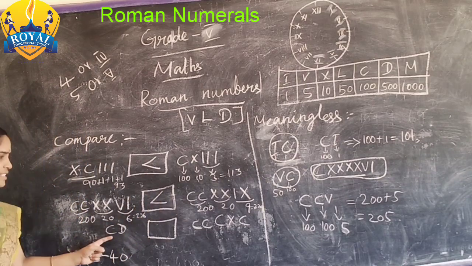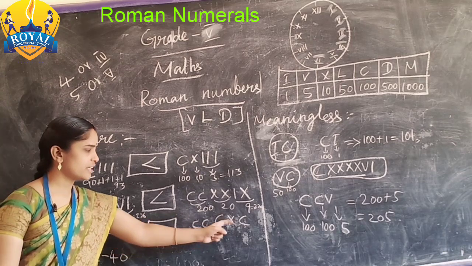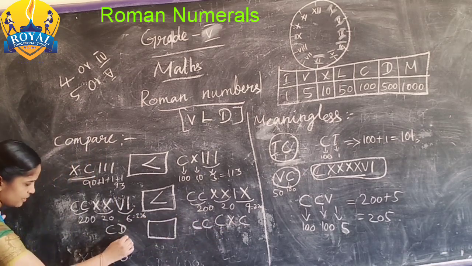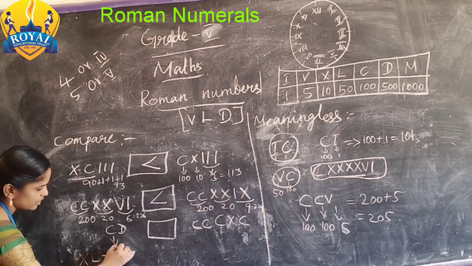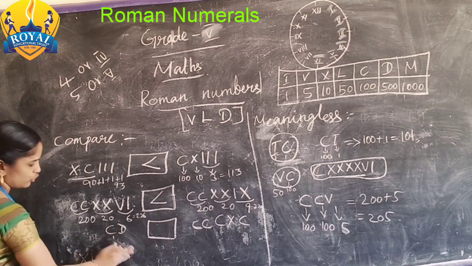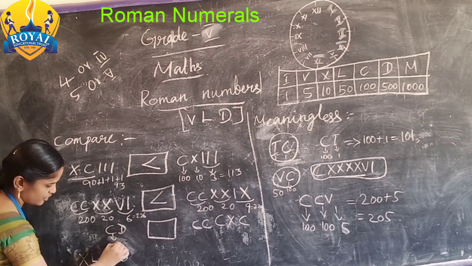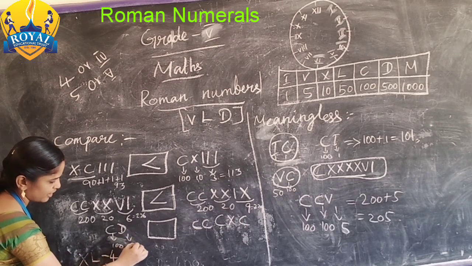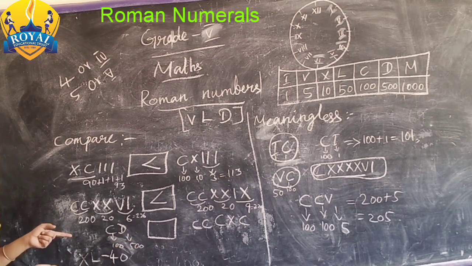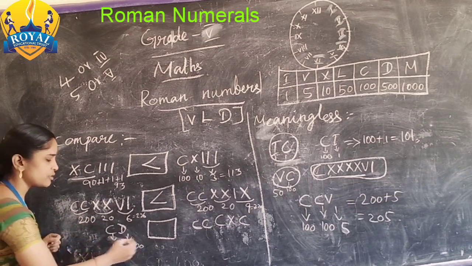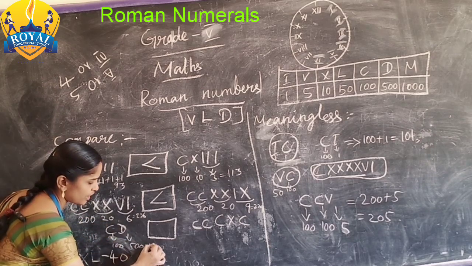The next one, CD and CCCXC. Right. CD means, C, already told you, means 100 and D indicates 500. So we subtract from the larger number: 500 minus 100, that is 400.